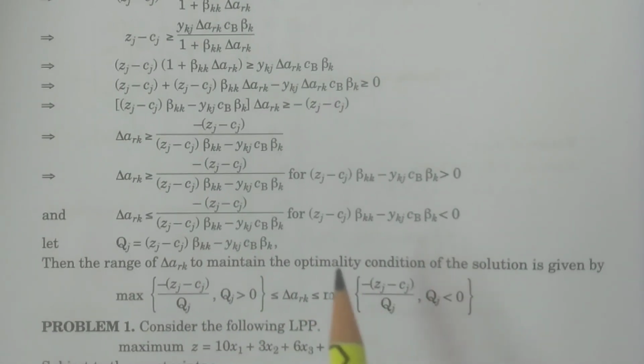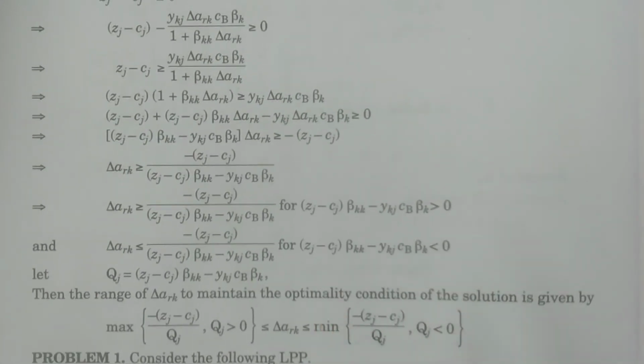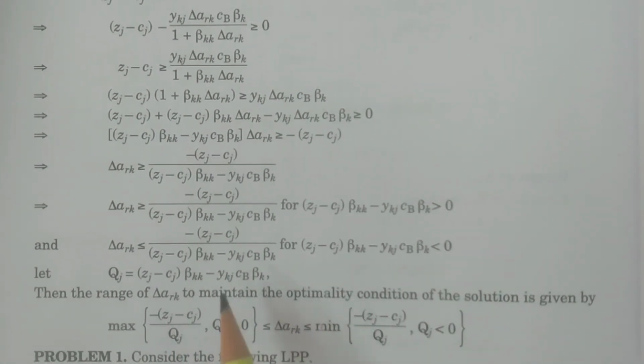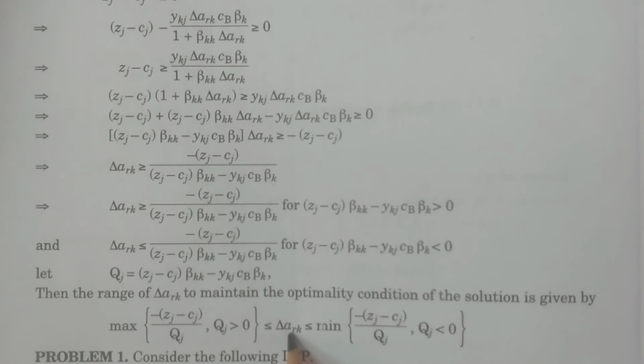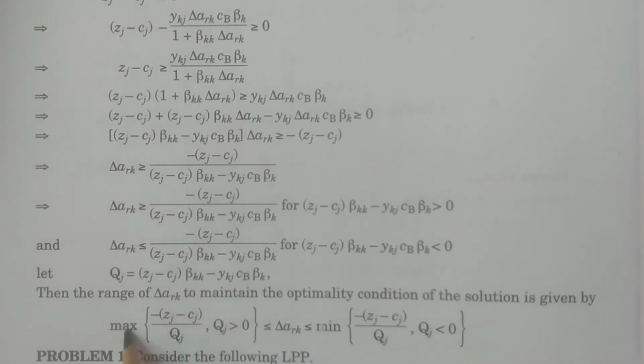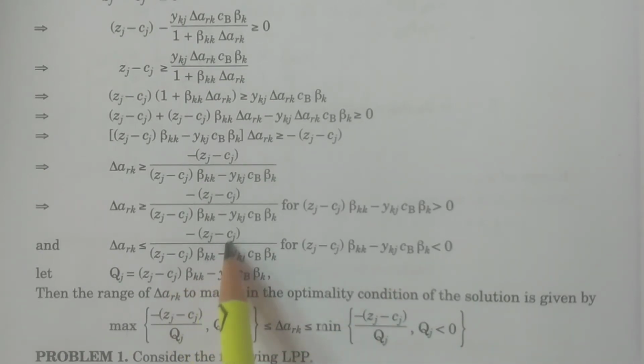Now, to maintain the optimality condition, delta Ark must lie between these two values: the maximum of minus Zj minus Cj divided by Qj for Qj greater than 0 is less than or equal to delta Ark, which is less than or equal to the minimum of minus Zj minus Cj divided by Qj for Qj less than 0.